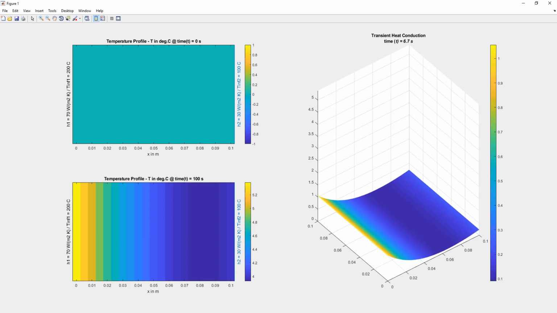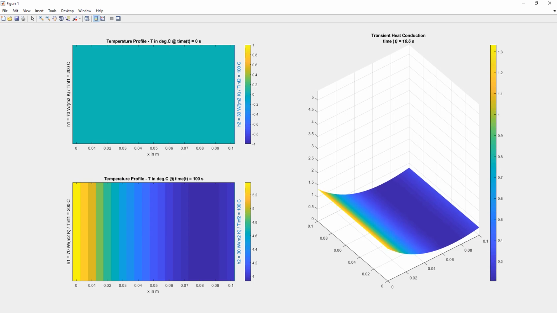To reiterate, we have convection conditions at both ends. At the left end we have H1 equals 70 units and T infinity 1 equals 200 degrees Celsius, and at the right hand side H2 equals 30 units and T infinity 2 equals 100 degrees Celsius.